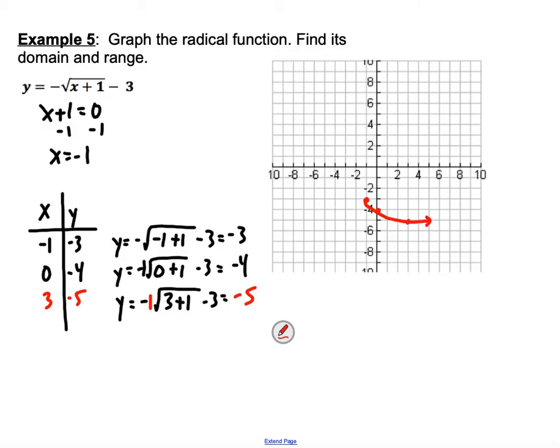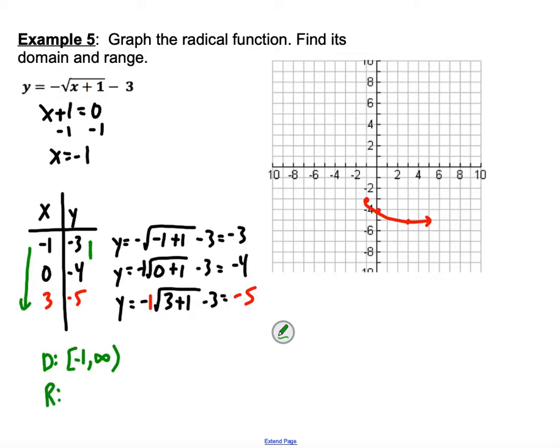Notice that one's a little different this time. So let's look at our values this time. They'll start there at negative 1 for your domain, and then they get larger for your x values. Let's look at your range, however.